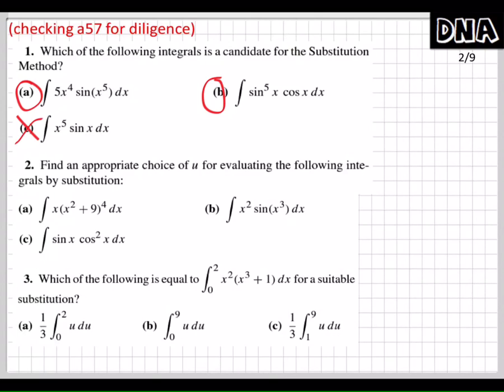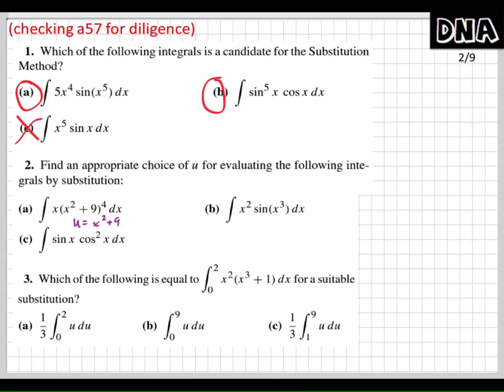When I look at this one, I have a function right here, it's just x squared plus 9, and this is inside of the fourth power, which is another function, like an operator. So for this problem, u would equal x squared plus 9.